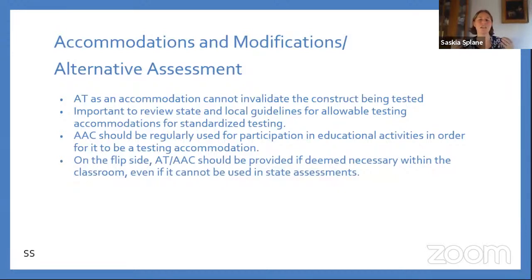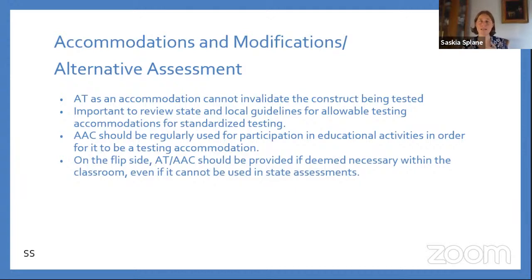So if they're testing the, you know, fluency of a student reading, well, assistive technology may or may not impact that, right? So it's important to review your state and local guidelines for what is allowed as a testing accommodation for that standardized testing, just to be on the safe side, just so you're aware of what is needed or not.